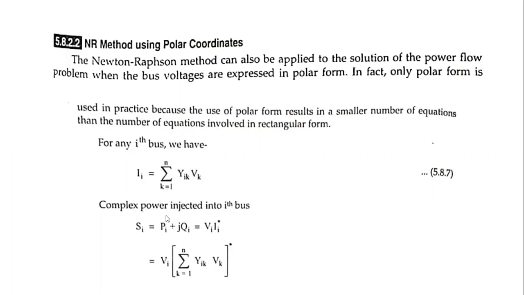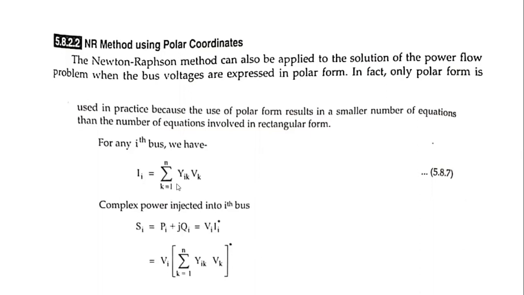Understand? Ii is equal to sigma k equal to 1 to n Yik Vk. Then Si is equal to Pi plus jQi, that is equal to Vi Ii.